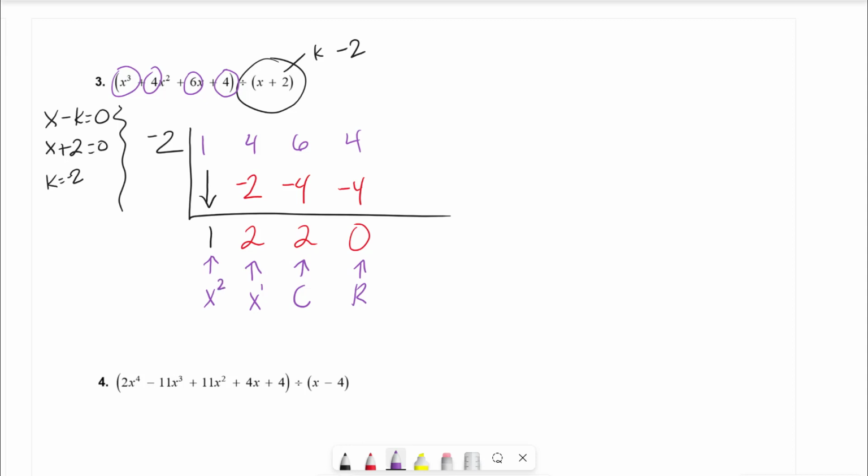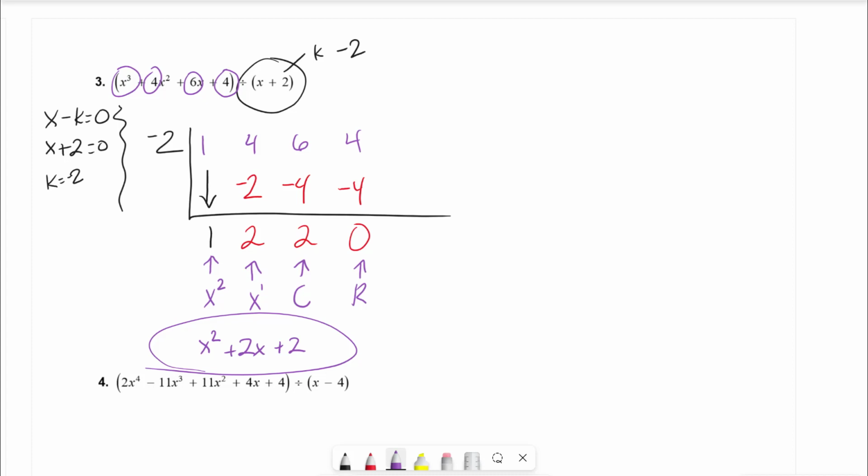Remember that these are all of the coefficients that we have of the expression. So that means we have 1x squared plus 2x to the first power plus 2, and we have remainder 0. So that means we're done. And that's it. We did all that polynomial long division with very little actual writing.